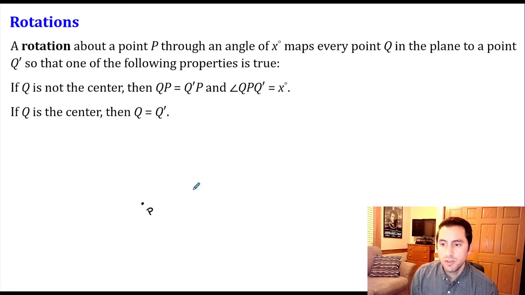So just to demonstrate our first property here, which is the more interesting one, let's draw another point not on P, and we'll call this one Q. So the first property says if Q is not the center, so that's the one we want to take a look at, then the length from Q to P, so that's the segment length that connects Q to our center of rotation P. So this segment here, that length has to be exactly the same as the length from our image to our center of rotation.